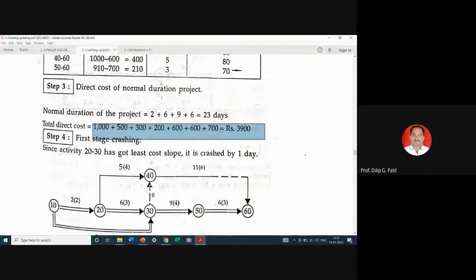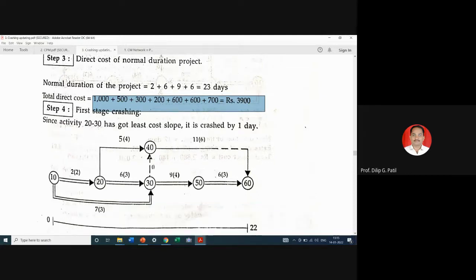Okay, so now on the same line, what we have considered in the first numerical, you can go for this numerical also. So first stage of crashing is to identify the critical activities having least cost slope. So which are the critical activities? 10, 20, 30, 50, 60.